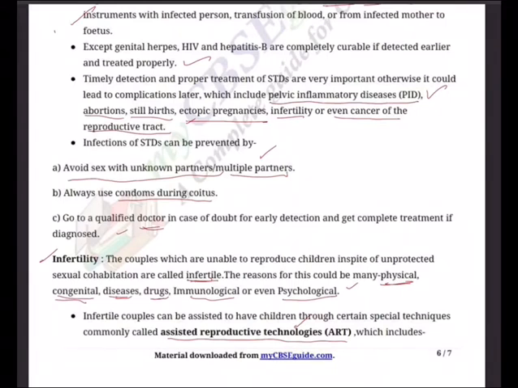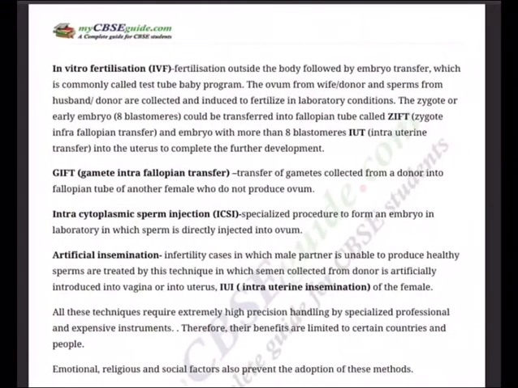So to overcome these issues, we have got a technique called ART, Assisted Reproductive Technologies. This ART includes a number of special techniques which assist infertile couples to have children. Some of the important techniques, let us see now.